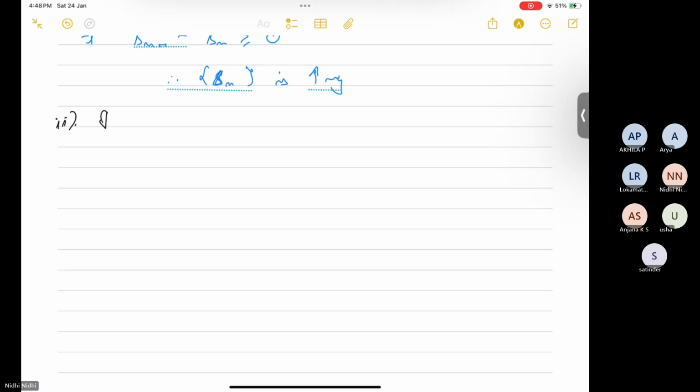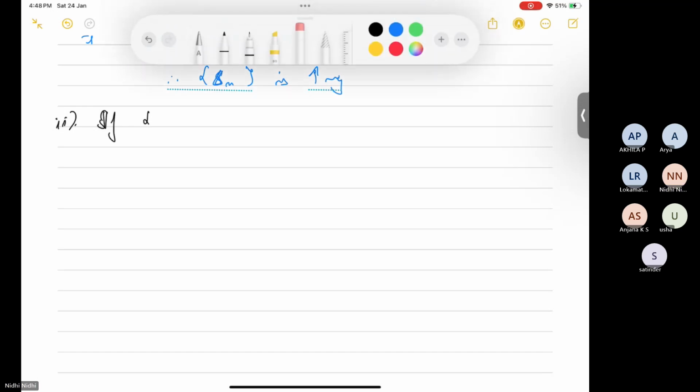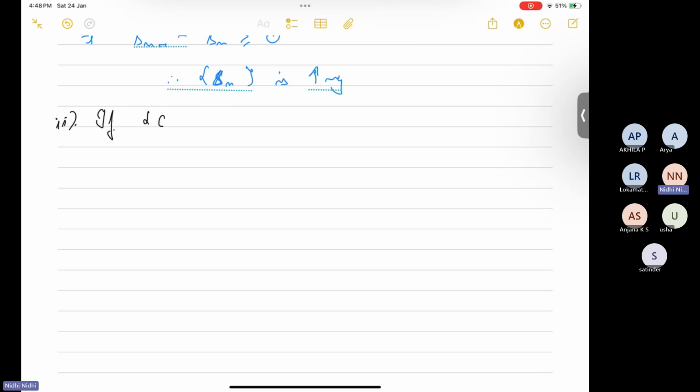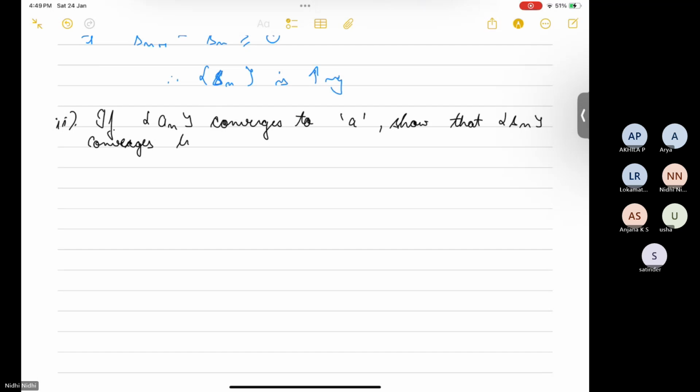Next, if the sequence an converges to some limit A, show that the sequence Sn converges to A as well.